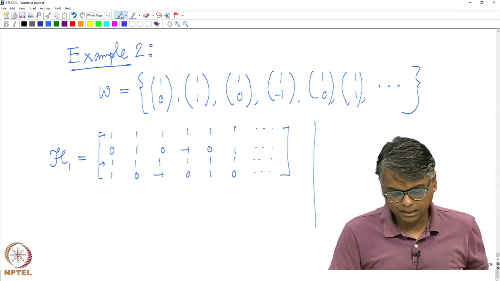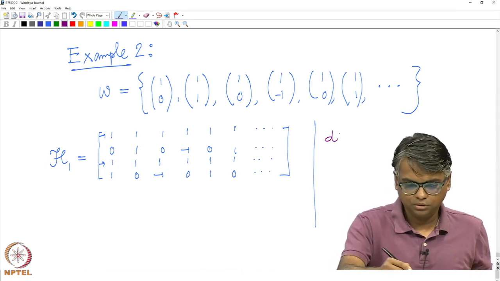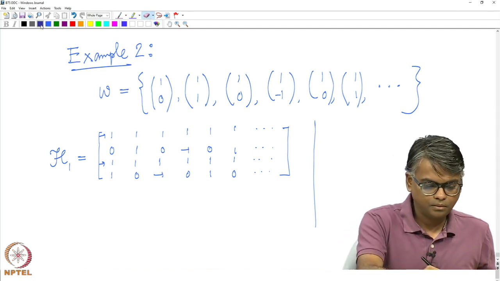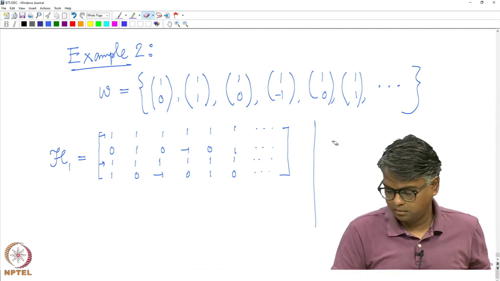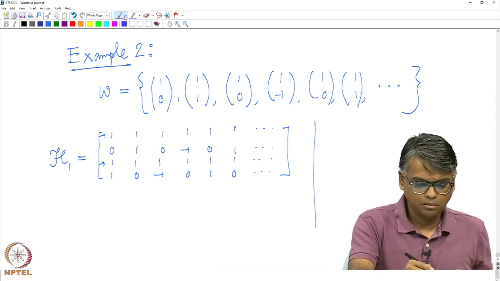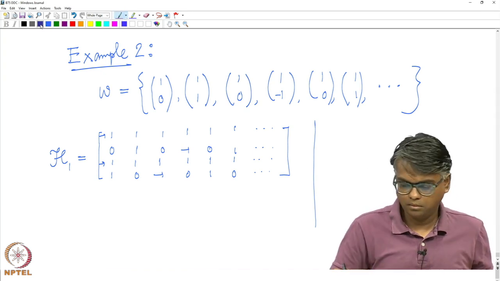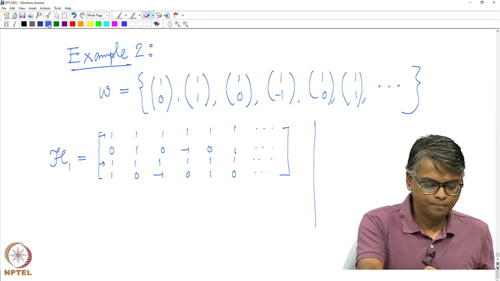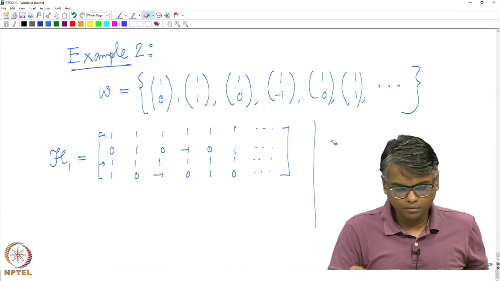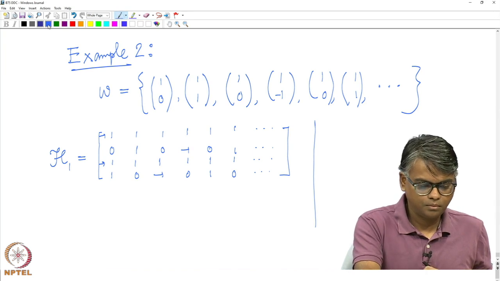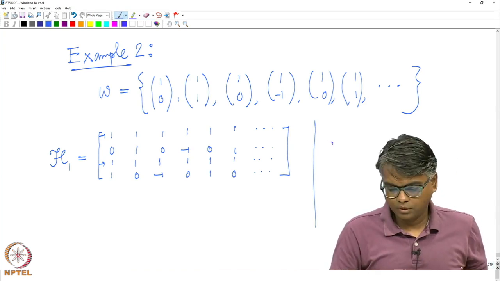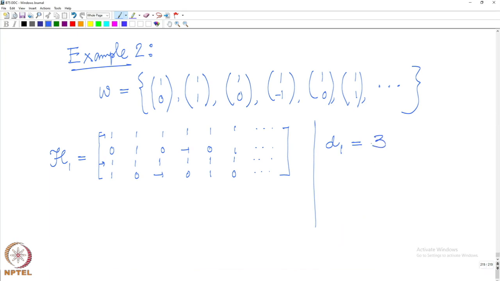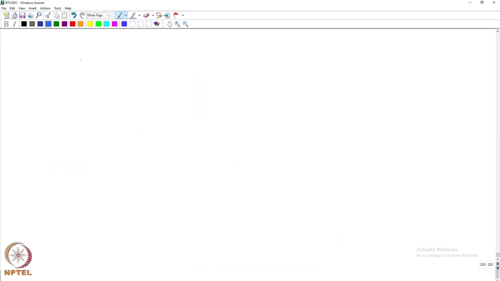So, therefore, the rank of H1 is equal to 3 here, and I am supposed to write down the left kernel.